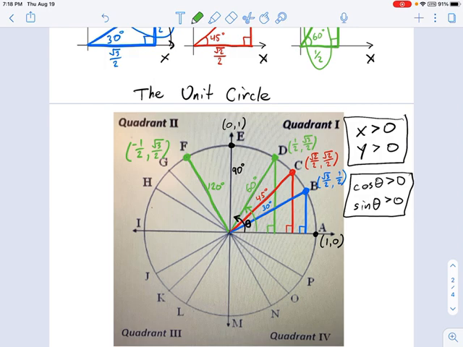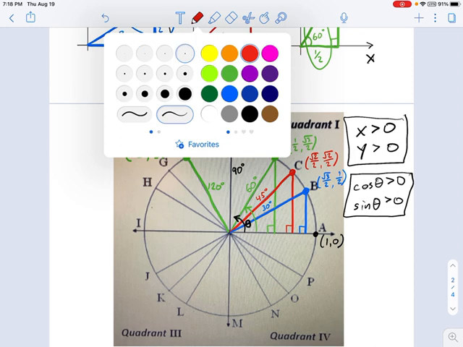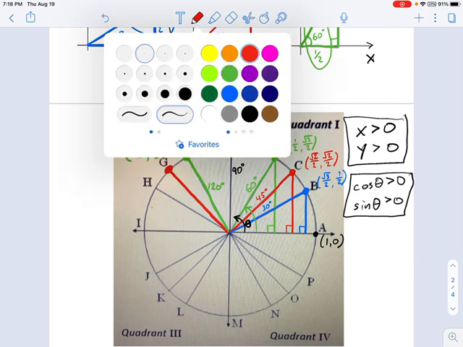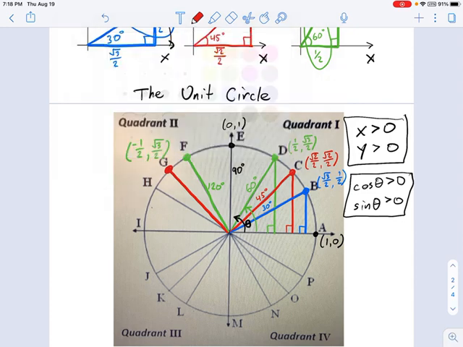And you can use that same argument. Let's try a red triangle. Okay, I'm going to make a statement about the angle 135 degrees. This guy right here is 135 degrees because it's the first one, 45 degrees plus 90 more. So that's my 135 degree angle. And if I said, what's the sine of 135 degrees?